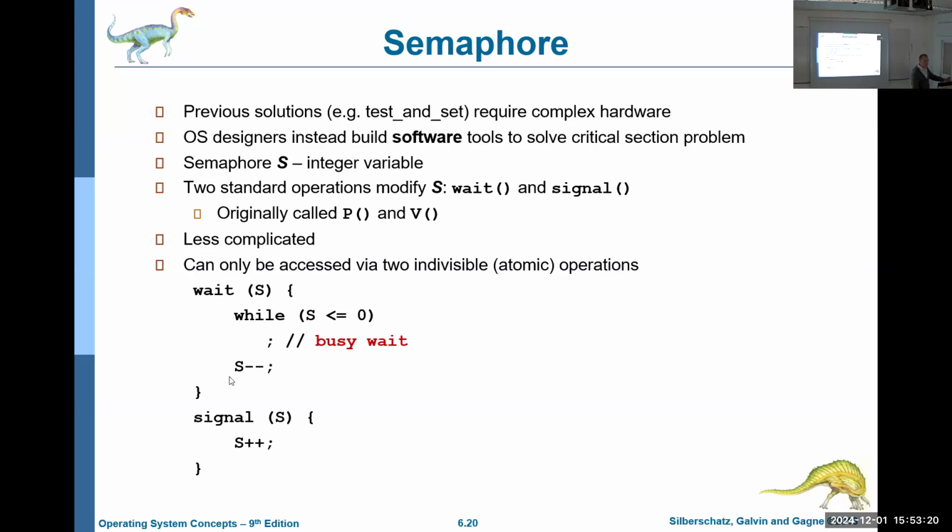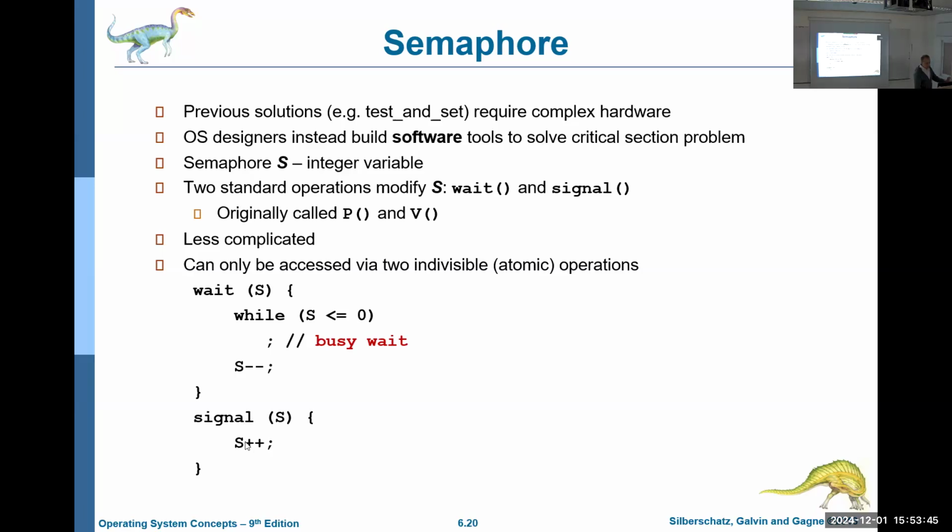What makes this operation atomic, if it's not in hardware? The answer is the operating system makes it atomic. The operating system just says, when you call this wait command, I'm not going to do an interrupt. So it does this whole thing, and the signal raises S to 1.